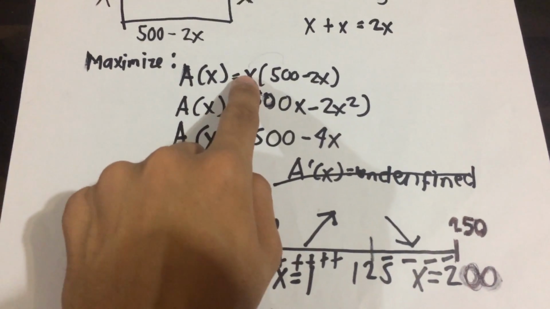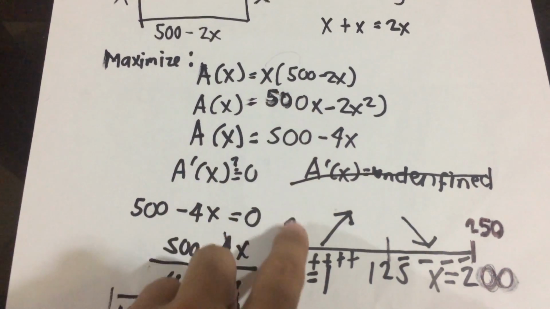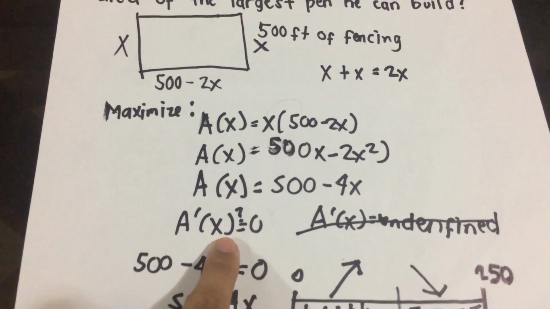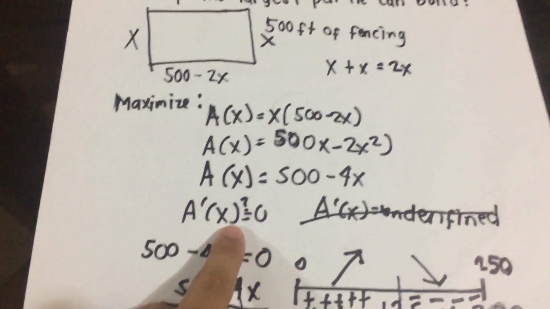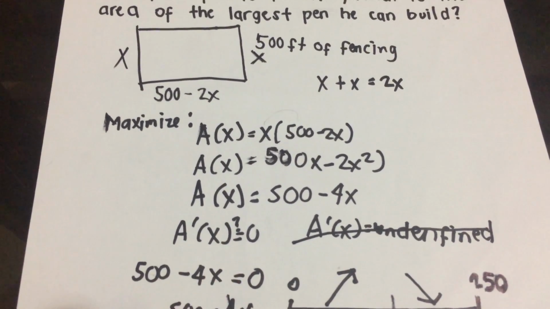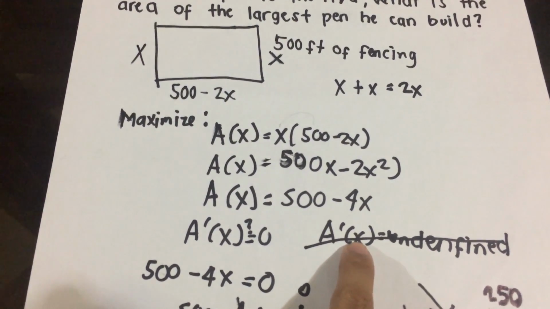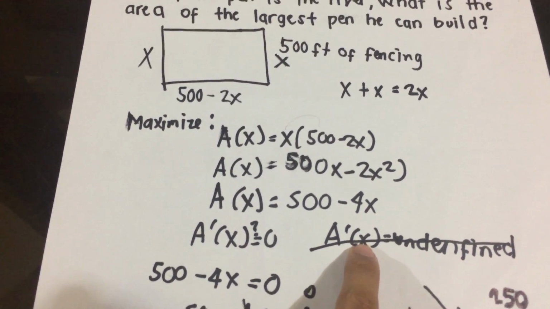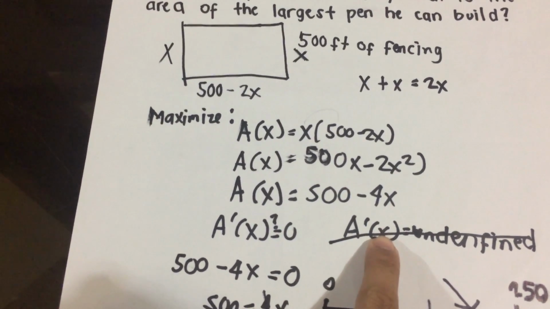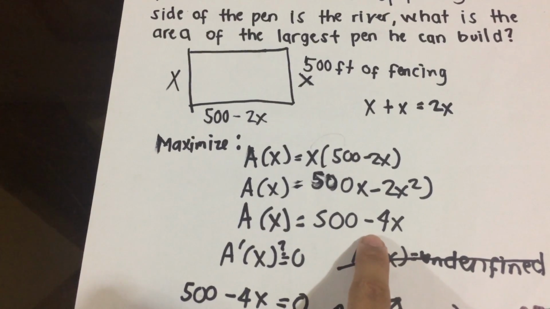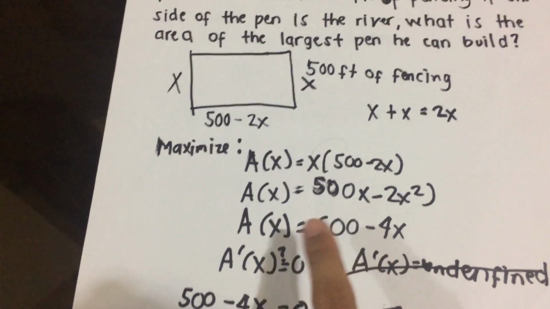So we want to take the derivative and set it equal to 0. And we would also like to know where the derivative is undefined. As we all know, the derivative for this type of equation, 500 minus 4x, is defined for all values of x.